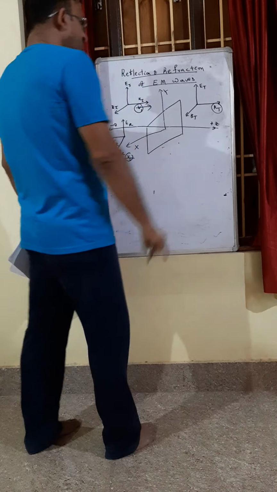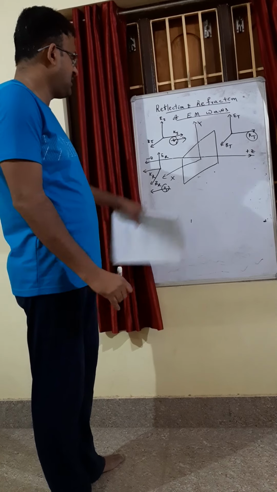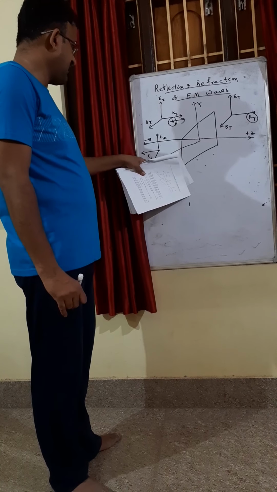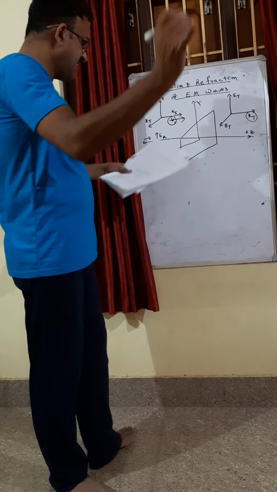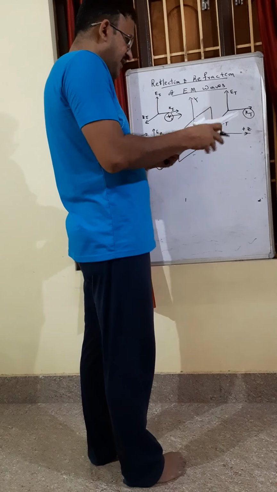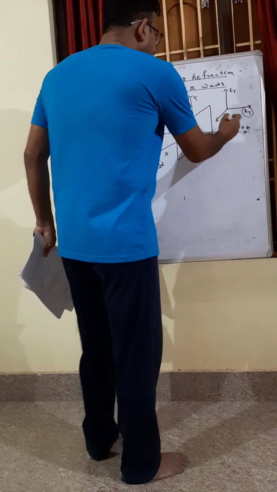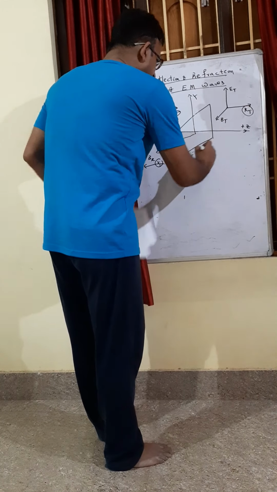Ki is the propagation vector for the incident wave, Kr is the propagation vector for the reflected wave, and in a similar way you can write the expressions for the electric field and magnetic field for the transmitted wave, which propagates along the positive z-axis.